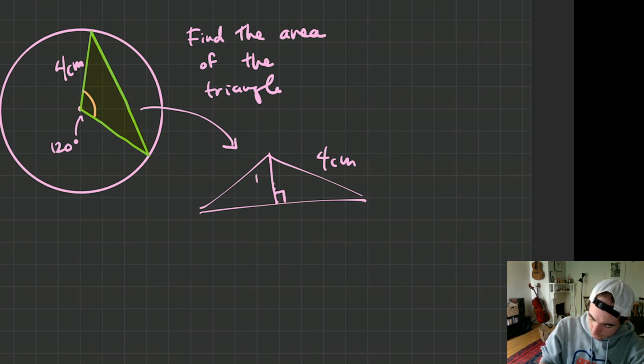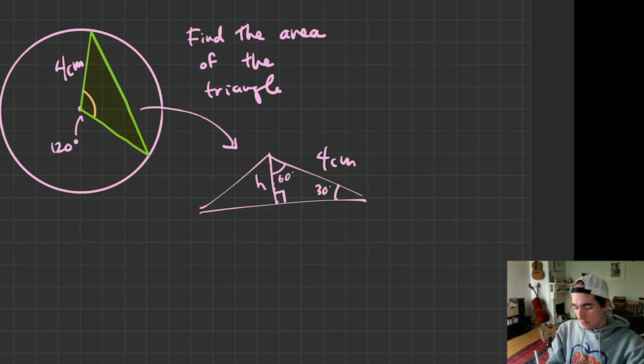So you could use our law here. If this is 120 degrees, it's an isosceles triangle, which means that we've bisected this angle. So this is now 60 degrees, making this one 30 degrees. And you could use trigonometry here to solve for h. I'm not going to solve this one.